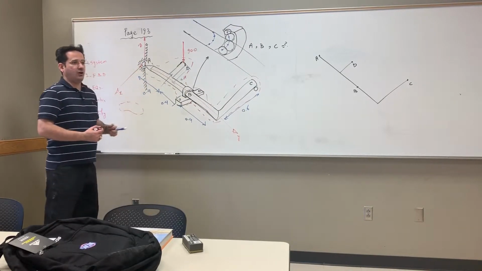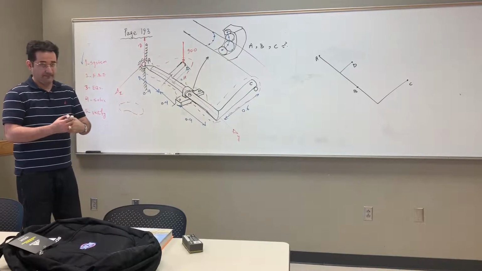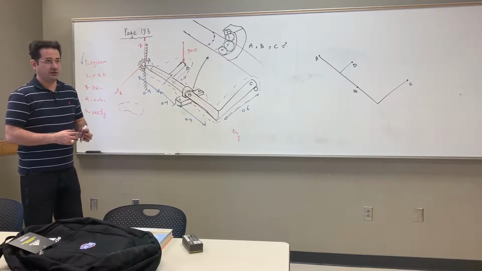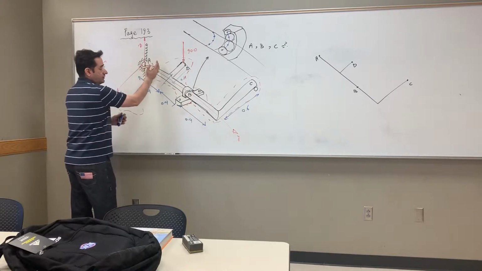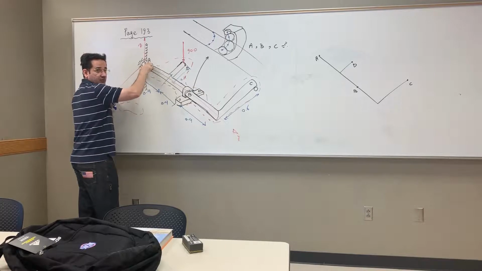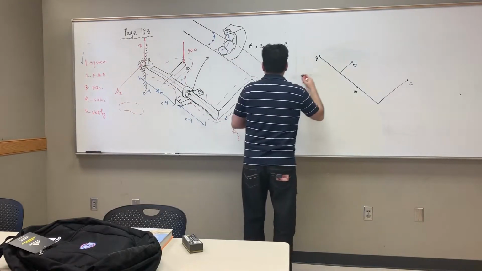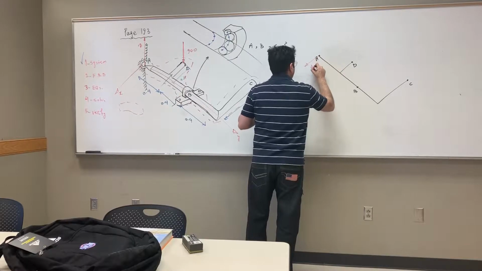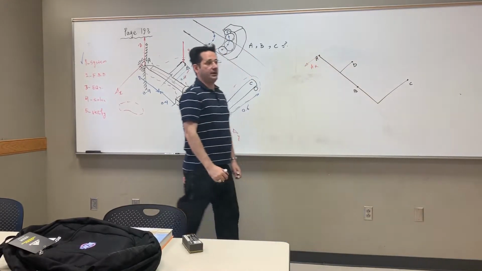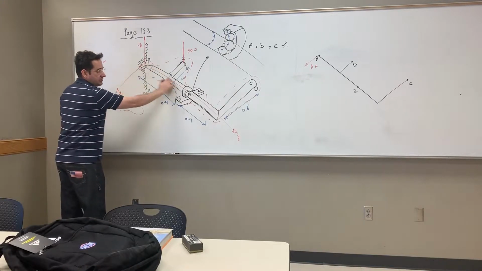At point A, how many forces and moments do I have? You ask the question, if I only had this part, just forget about the rest. Can I move it in the x direction? No, so there is an unknown AX that prevents me from easily moving in X. Now you say, can I move in Y direction?